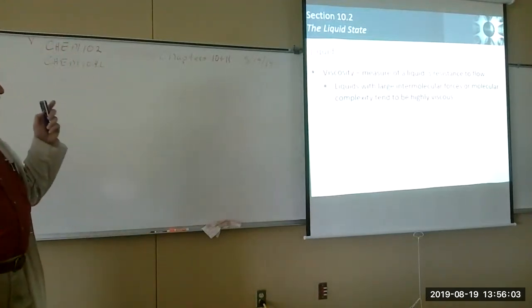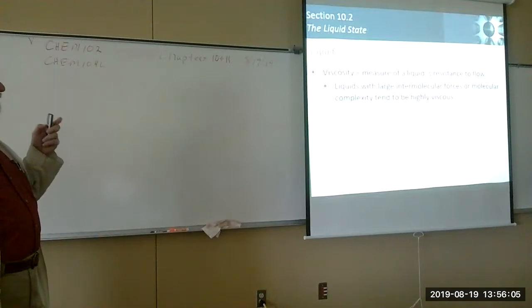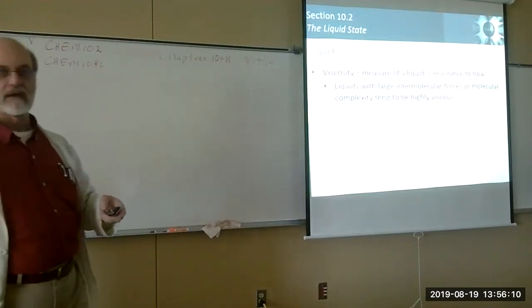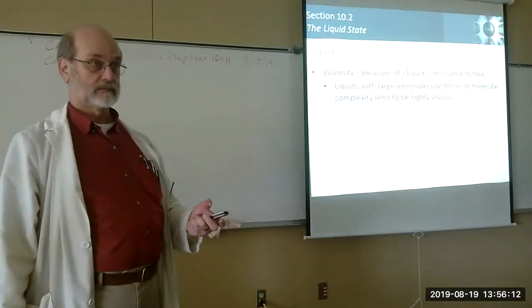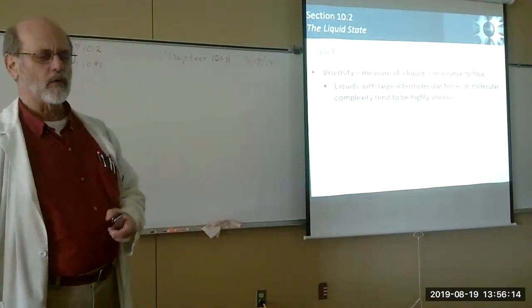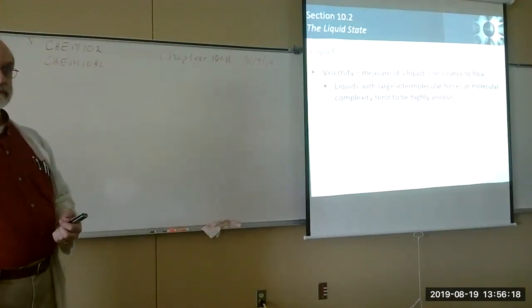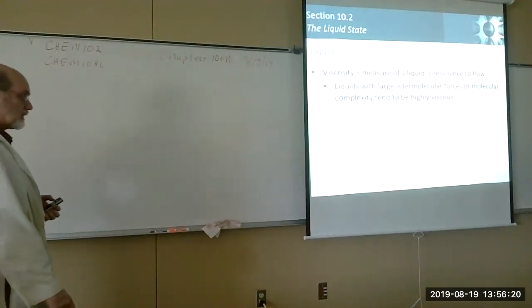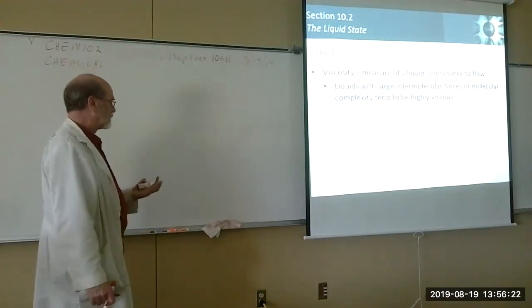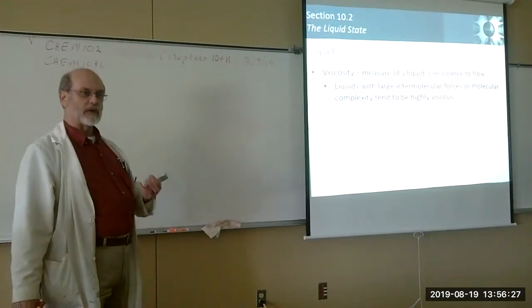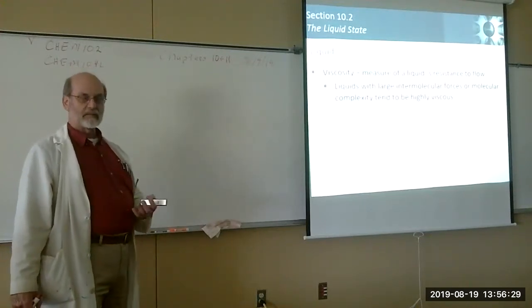Those liquids that have large intermolecular forces tend to be highly viscous, right? So what do we attribute those high molecular forces to? Well, the intermolecular forces can be simple, as in dipole-dipole interactions, but they can also be attributed to entanglement.